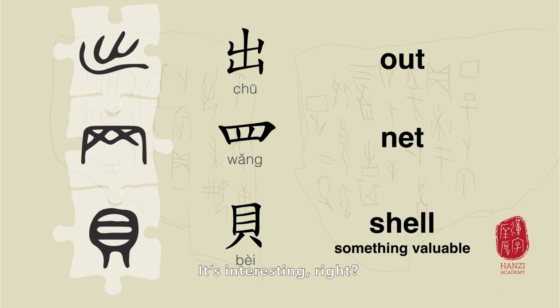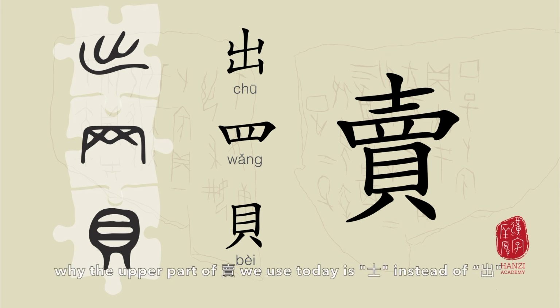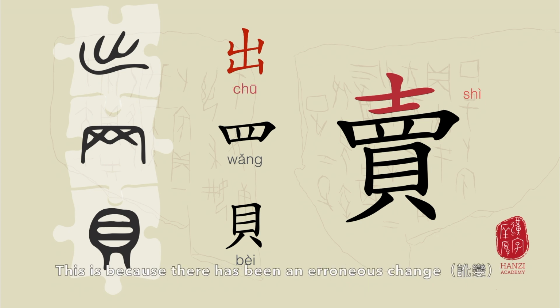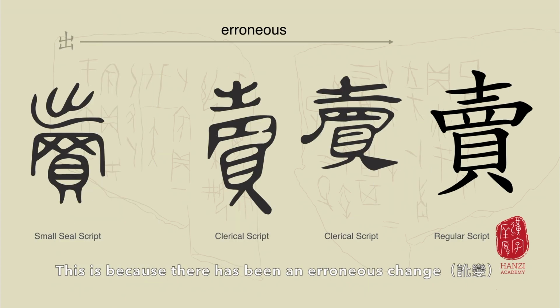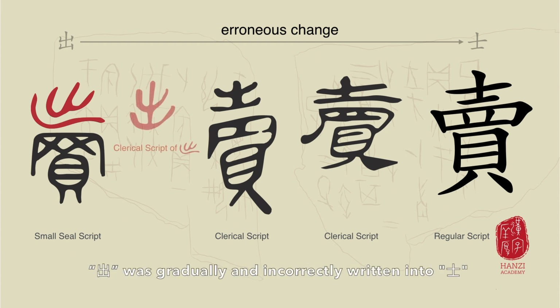It's interesting, right? However, you may be wondering why the upper part of 卖 we use today is 士 instead of 出. This is because there has been an erroneous change, 讹变, in the transformation of the character from the small seal script form to the clerical script one. Looking at the evolution of 卖, we can clearly see that 出 was gradually and incorrectly written into 十.